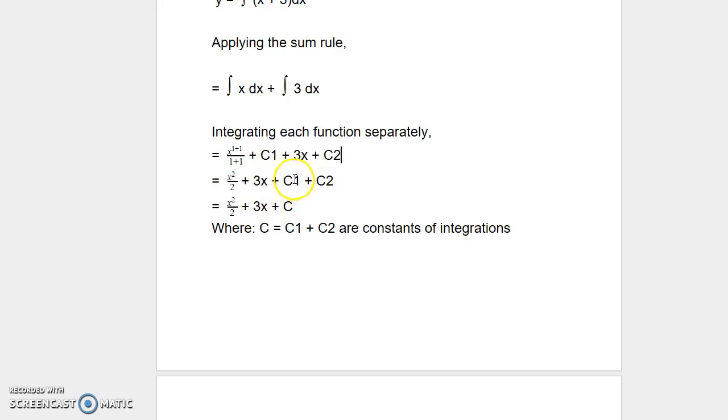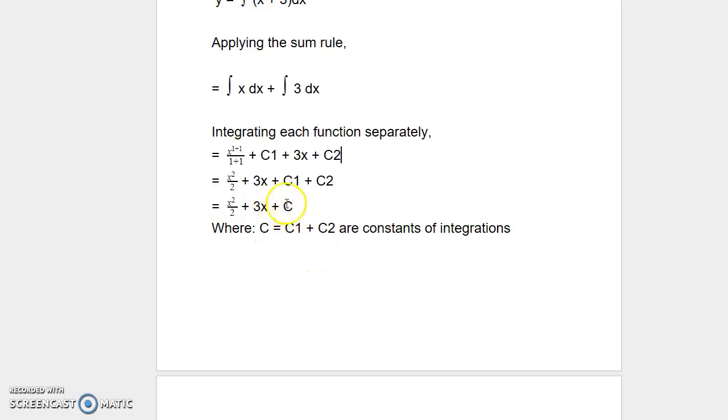c1 is a constant of integration. c2 is also a constant of integration. So we can club these two constants into another constant c, and then write it out as shown here. In the next step, x squared divided by 2 plus 3x plus c is our solution.